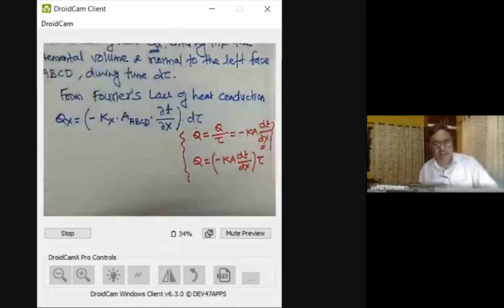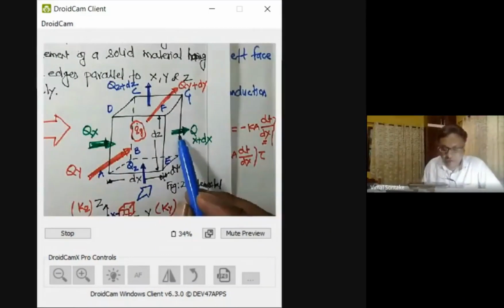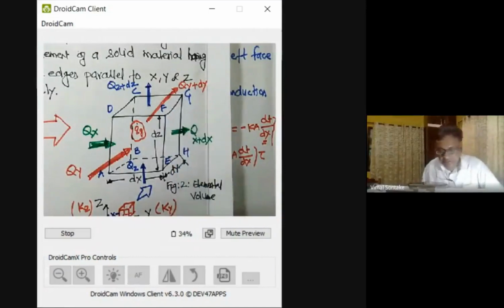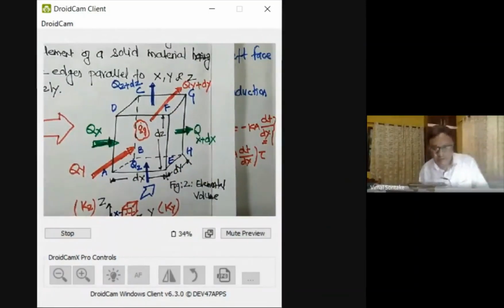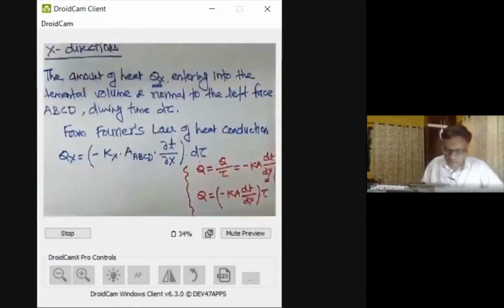Now similarly, let us find out the equation for the heat transfer out of the element and perpendicular to the face EFGH. Before this, let us simplify this equation.